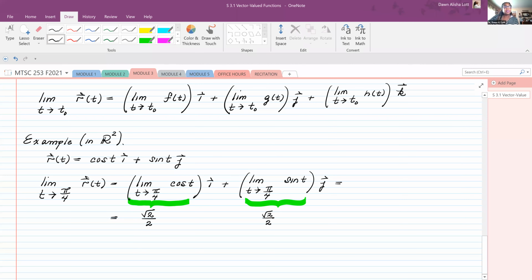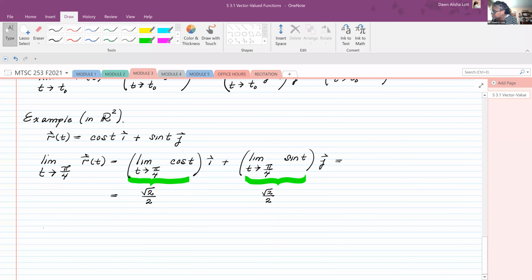So therefore, I get the limit as t approaches pi over 4 of r of t is the root of 2 over 2 i plus the root of 2 over 2 j. Okay, anything difficult about that?